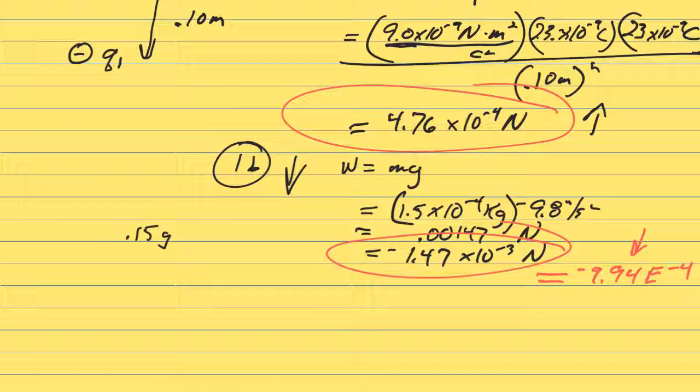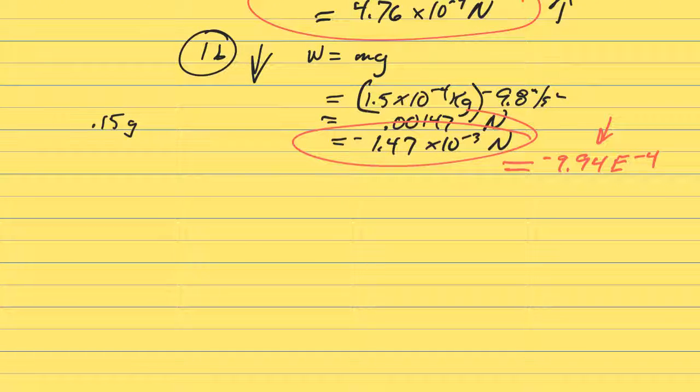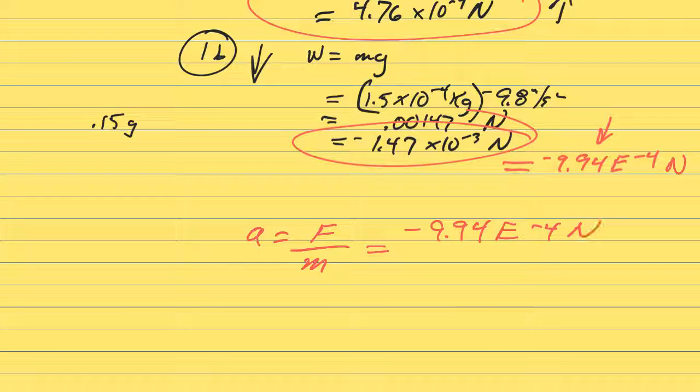Let's get into really what they want to know here. I'll go red now for the whole problem. I need a equals F over m because they want to know the acceleration. This was newtons, sorry, forgot a unit there. This is negative 9.94 EE negative 4. Remember I got yelled at from kids in AP2 last year for doing that. And my mass is, didn't we do this before?